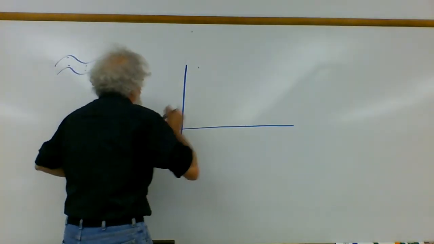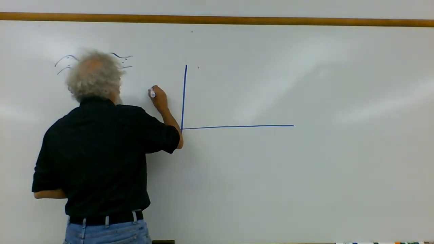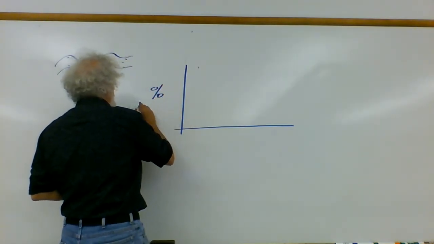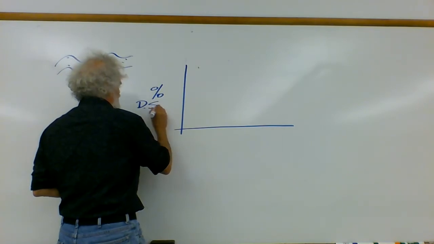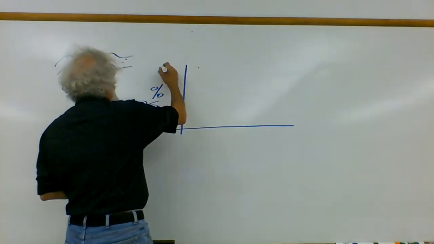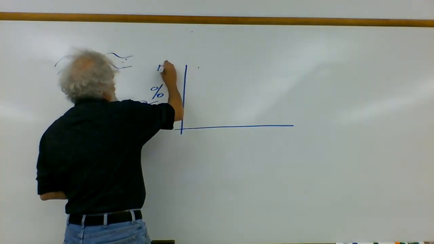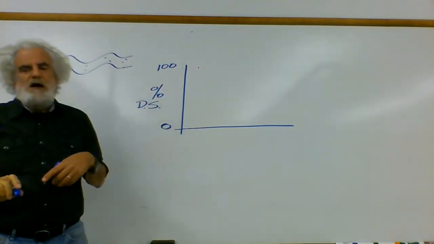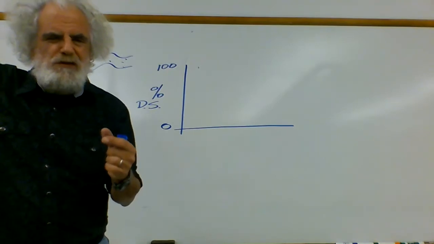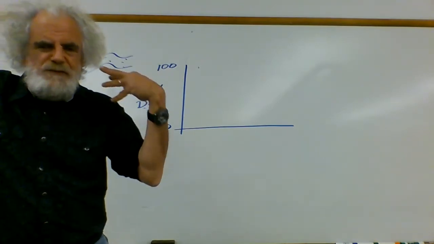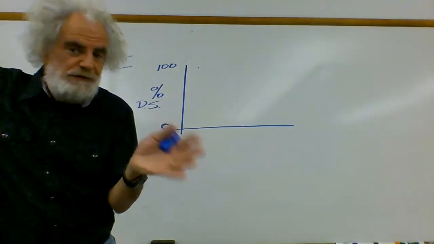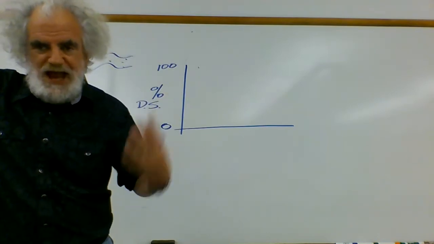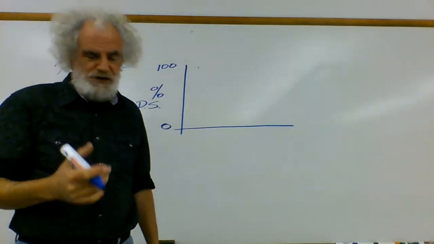All right, we're going to have the percent double-stranded, and we'll say 100% and 0. Just as I recall in one of the documents I've got, they may flip this around. However you want to do it, the information is going to be the same. The axis is just different, and the curve may look a little bit different.